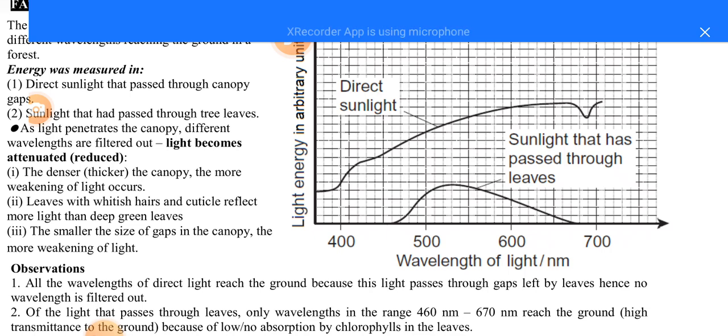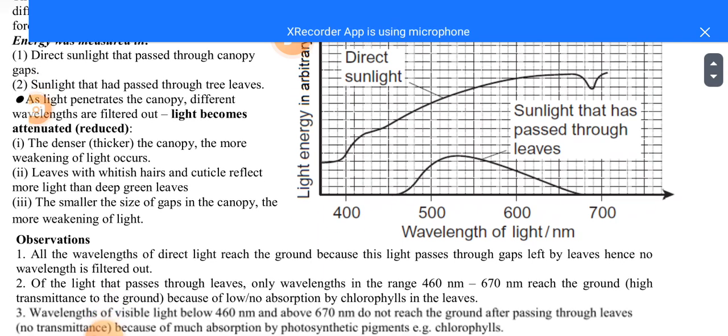Number 3, the smaller the size of gaps in the canopy, the more weakening of light. The smaller the gaps in the canopy, the weaker the light that goes through, as you can see in that graph.